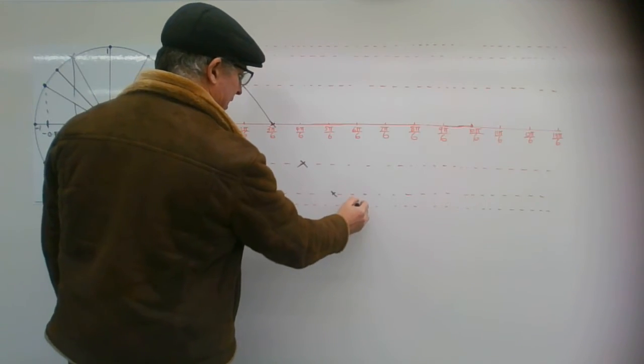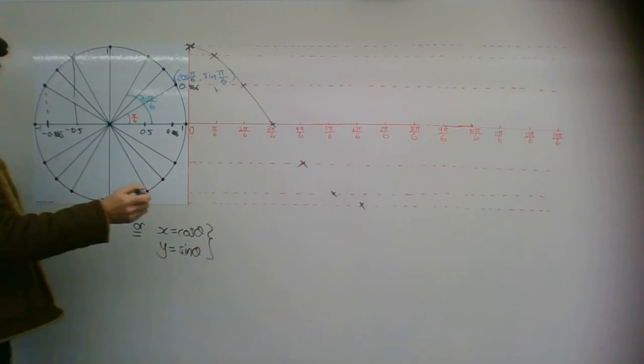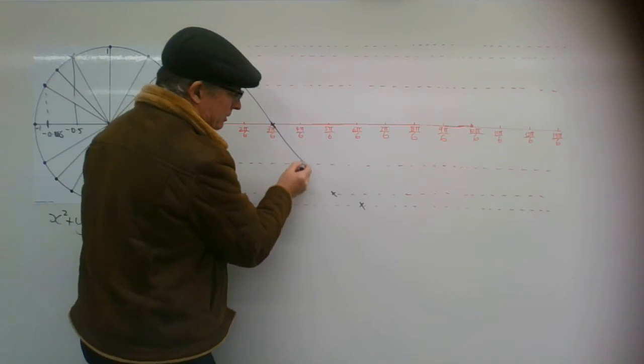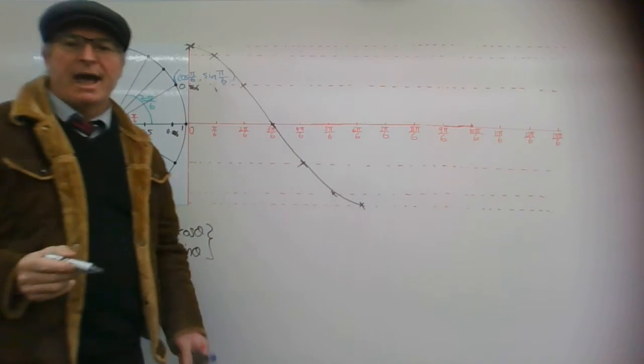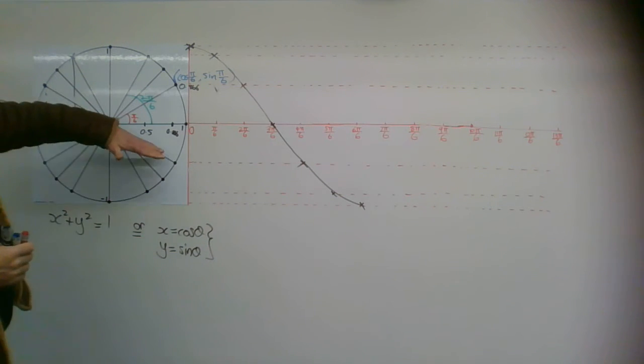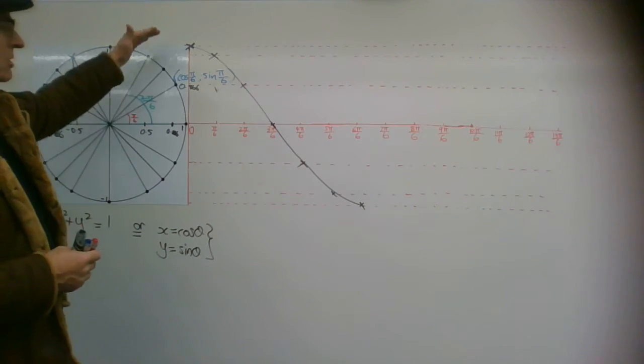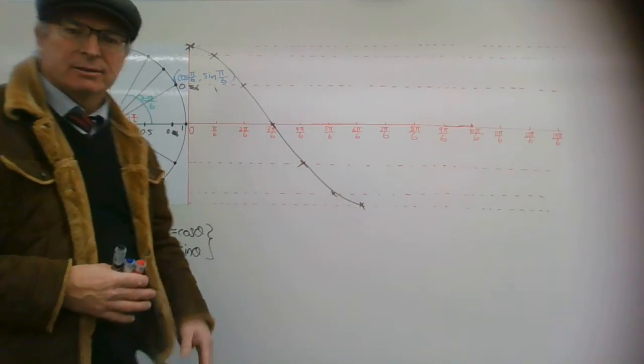And when I get all the way out to minus 1 here, that's minus 1 comma 0, but the x coordinate is minus 1. So I'm plotting what's happening to the x value as time goes on. As I rotate around, the x coordinate is doing this.